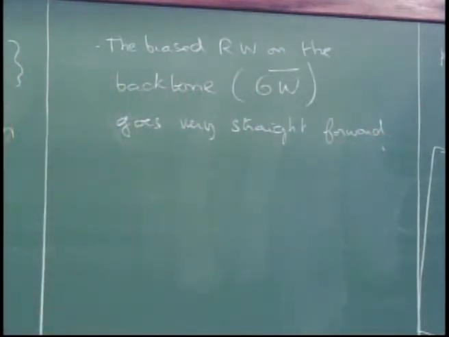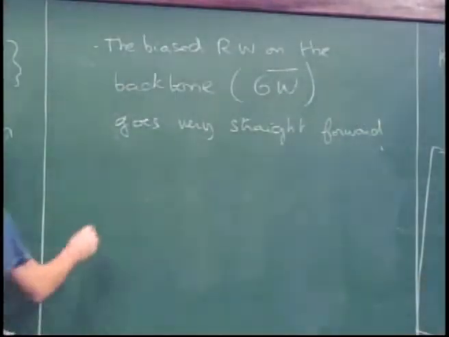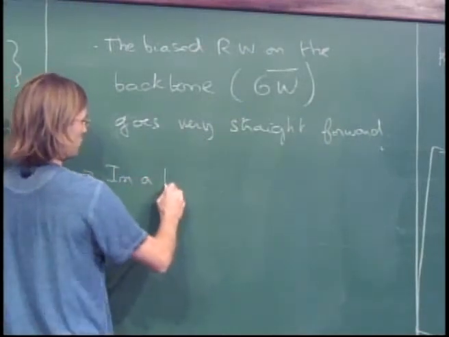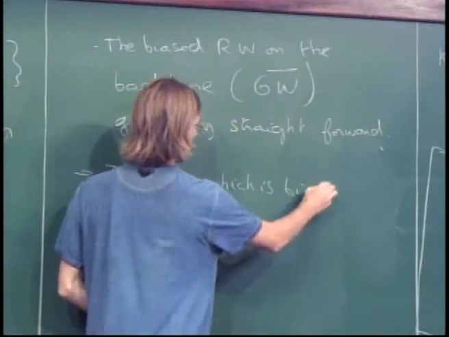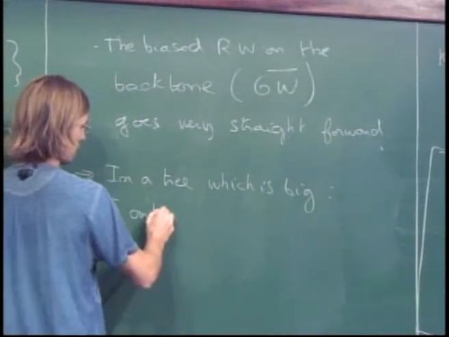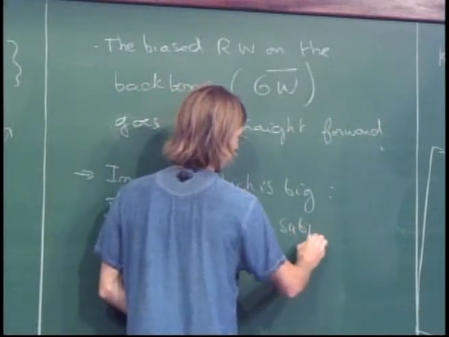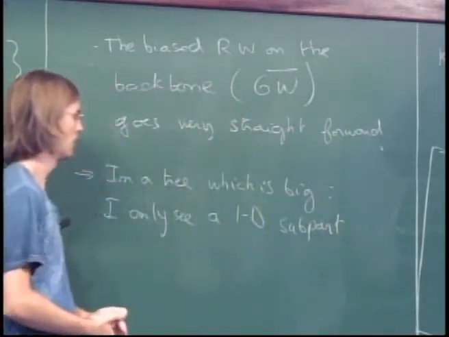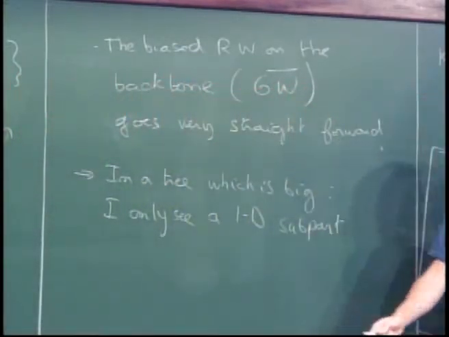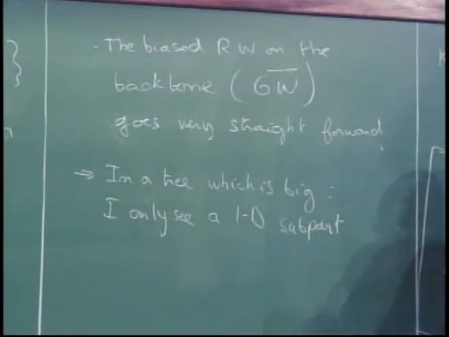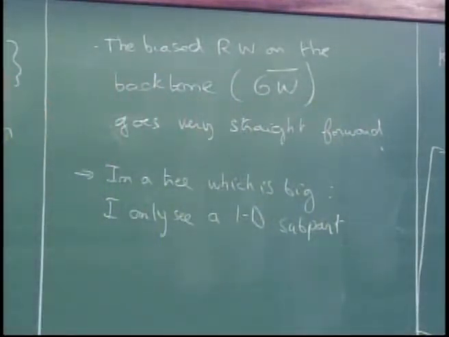The whole tree has an exponential number of ways to go to infinity, and what I'm going to explore is essentially a one-dimensional thing. So in a tree which is big, I only see a one-dimensional subpart. This explains why the model in some sense is one-dimensional. You have a lot of different opportunities, but when you actually run your experiment, you just see a very little subpart of it. So this explains why the walk is one-dimensional.